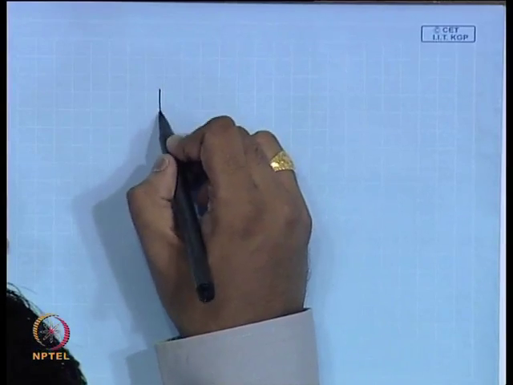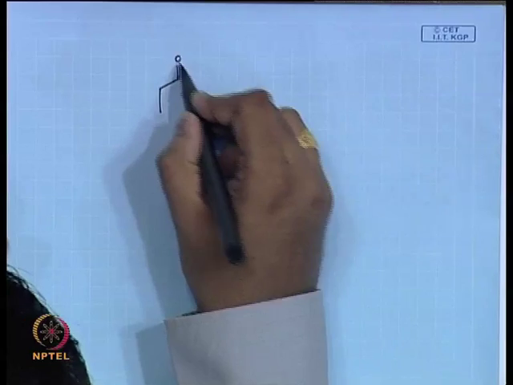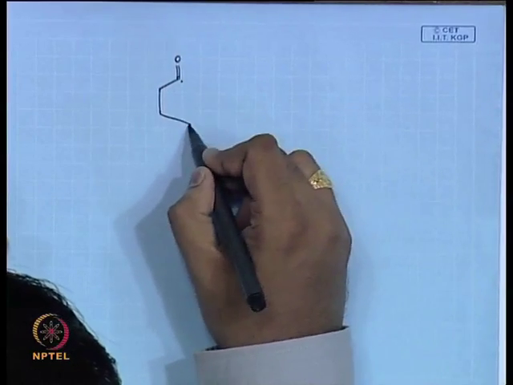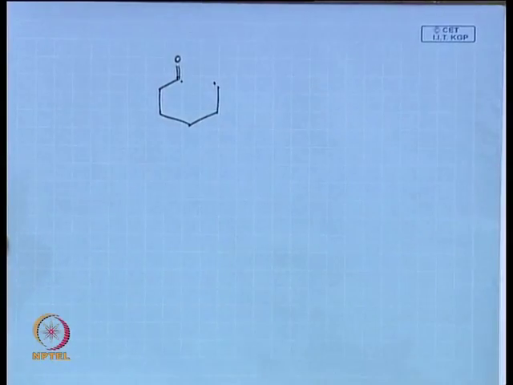Now, we will consider the secondary process and see what happens to these radicals. Okay. So, I got my acyl radical. What can it do now?